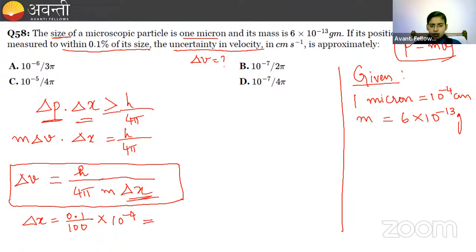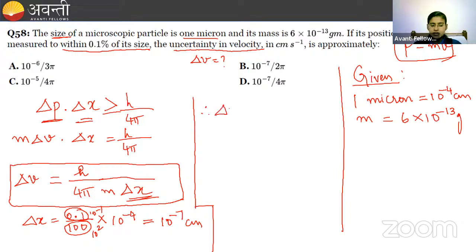So 0.1 is 10 to the power minus 1 and 100 is 10 to the power 2. If we solve this, we will get 10 to the power minus 7 centimeter for the value of delta X. Now substitute this delta X in the delta V formula.